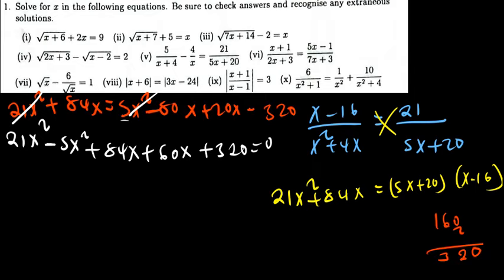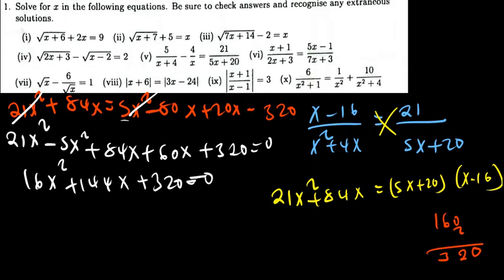So what is 21 minus 5? Is 16. So 16x squared. What of 84 plus 60? 80 plus 60 is 140, plus 4, 144. x plus 320 is equal to 0. Now this is the equation I have. I can reduce this equation.